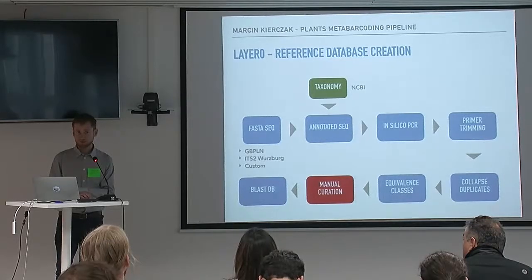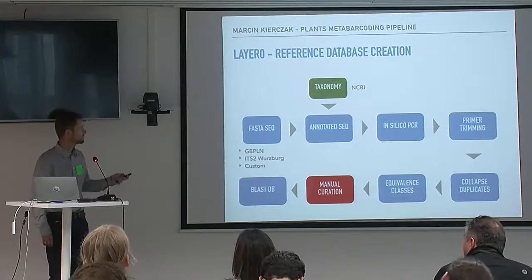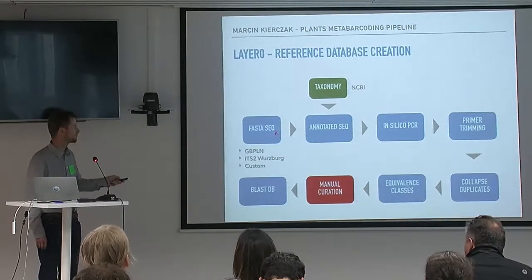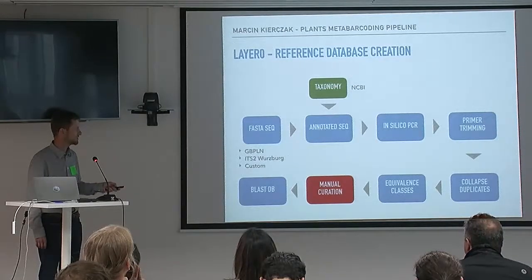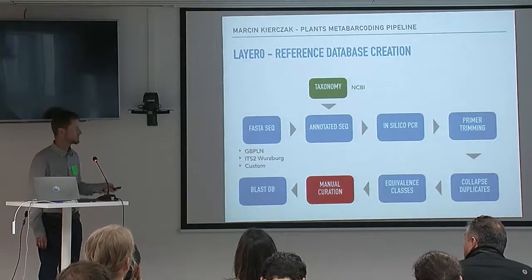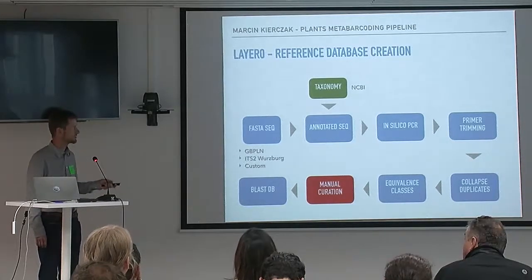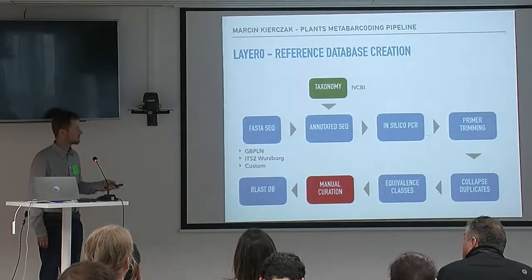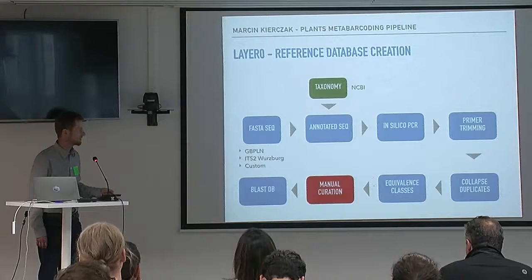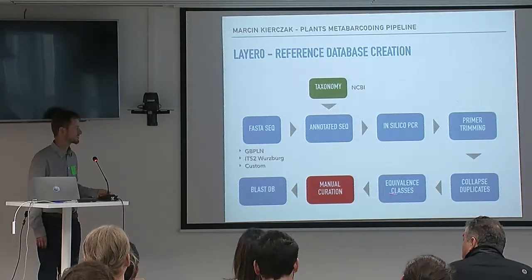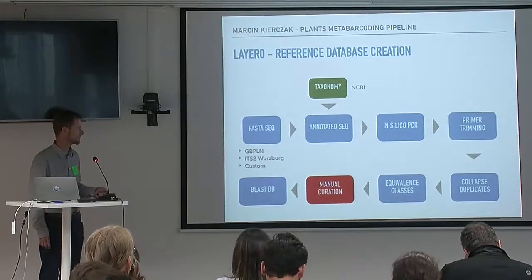We were first using GenBank sequences, and what we actually do is that we have a number of FASTA sequences which we annotate with NCBI taxonomy, and then we do in silico PCR using our primers to see what amplifies from the database. We trim out primers, we collapse duplicates, and then we construct so-called equivalence classes. I will show in 2 slides what I mean by equivalence classes.